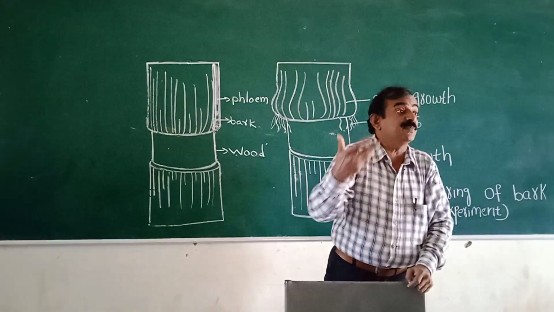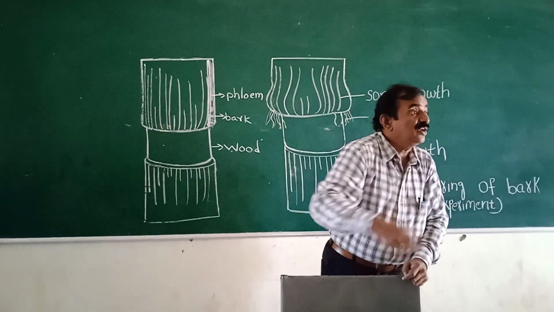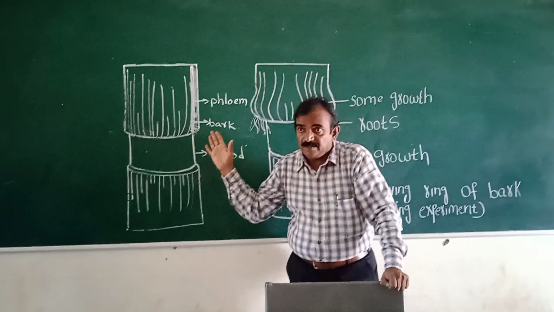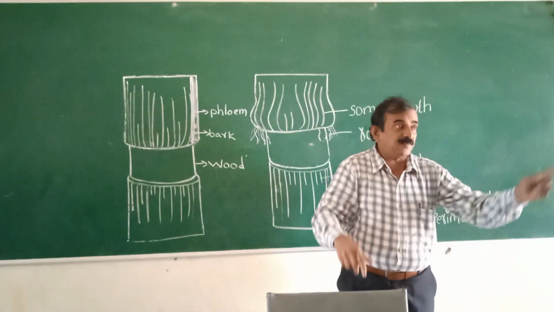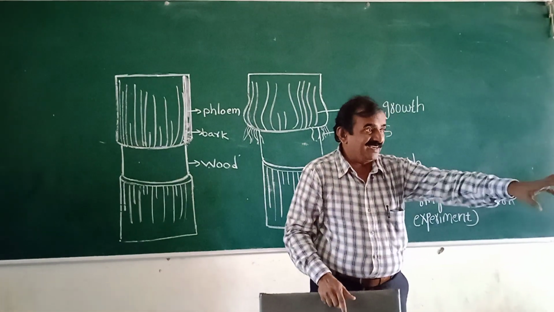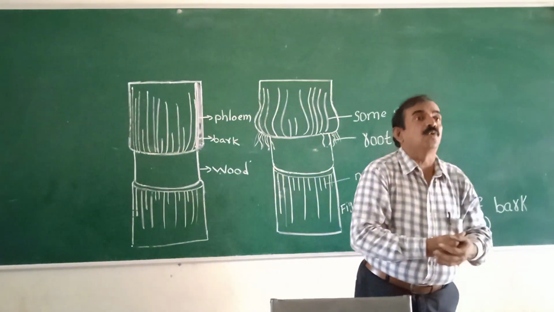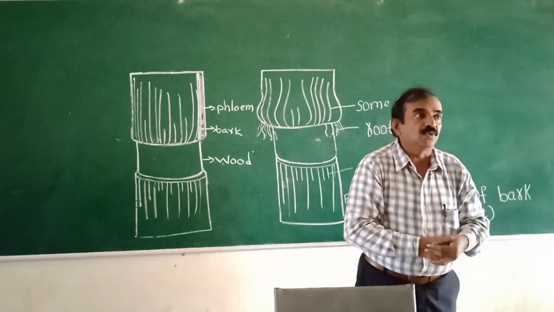They prepare food in the presence of sunlight. That is called photosynthesis. Photosynthesis takes place in leaves, in the green parts of the plant, and finally food is prepared, and that food is called glucose.